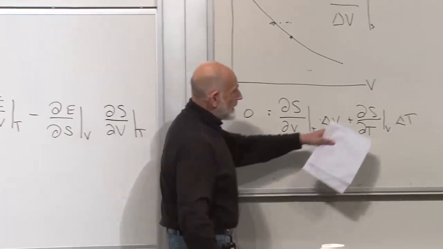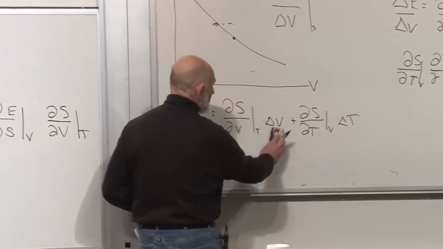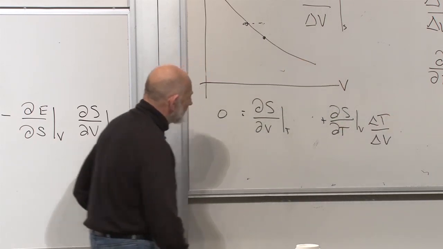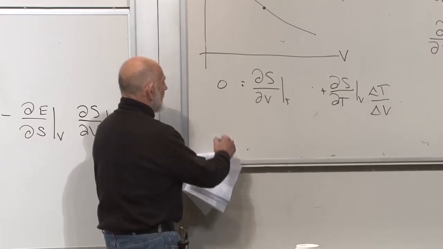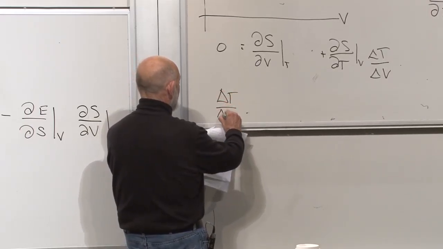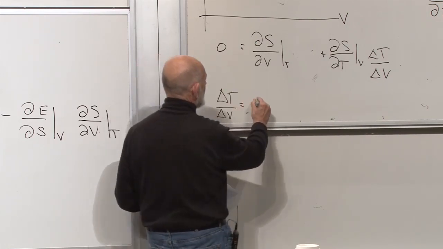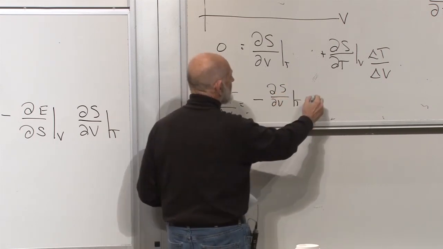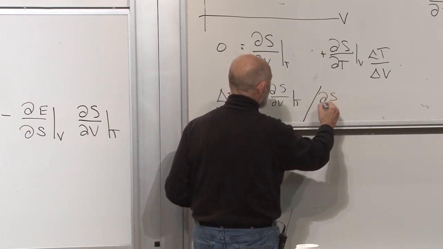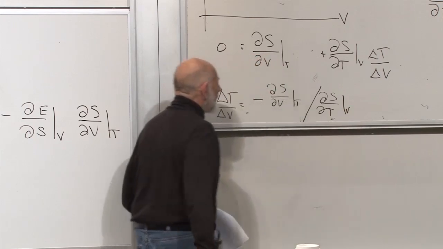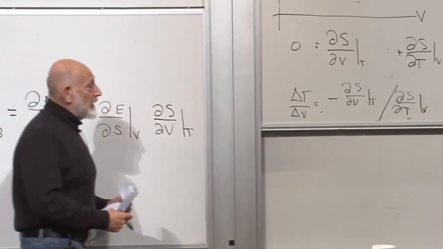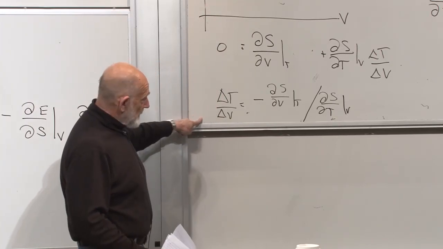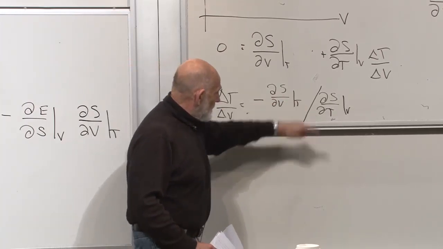All right, so let's divide by delta V, because what we want is delta T by delta V. Here we have our target over here, delta T by delta V. And we can now immediately read off that delta T by delta V is equal to minus dS by dV at constant T divided by dS by dT at constant V. This would be true for any function S whatever on this map here, that the slope of the contour lines is related to certain partial derivatives.